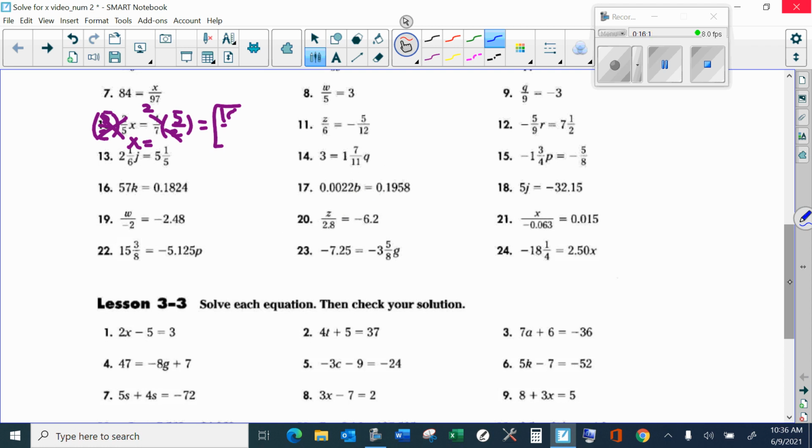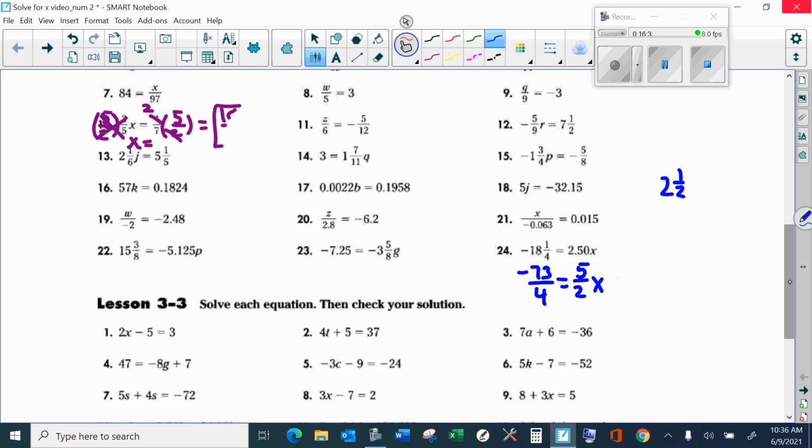When there's a mix, a fraction and a decimal, change them both to one or the other. Either both fractions or both decimals, your choice, and then deal with it there. So that'd be negative 73/4 equals 2.5, which is 5/2 x.